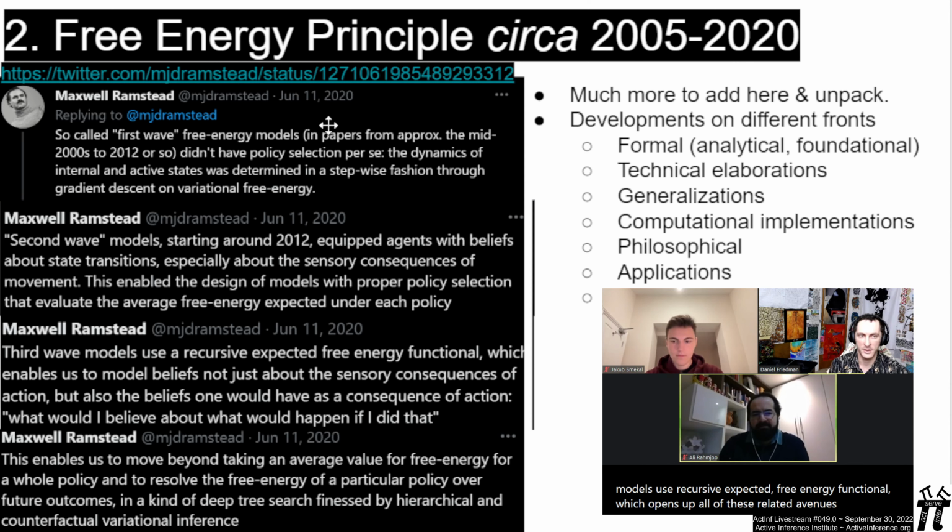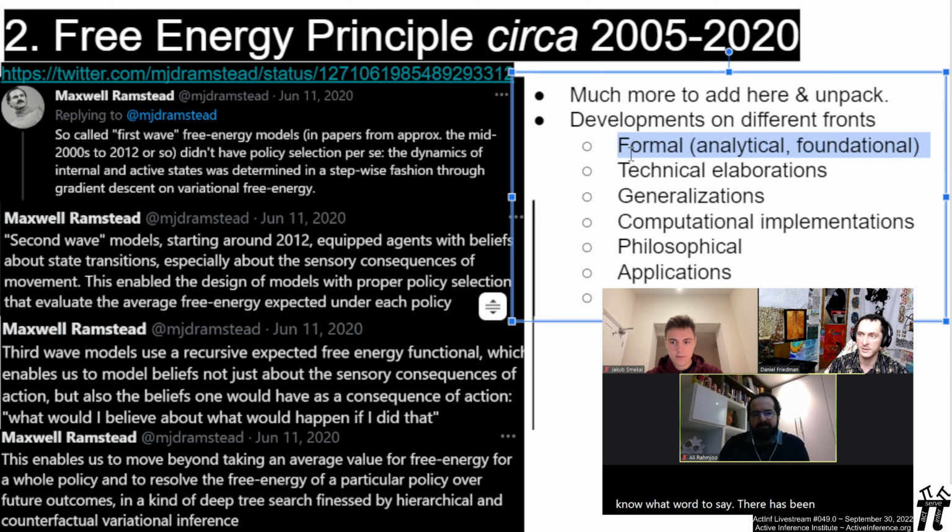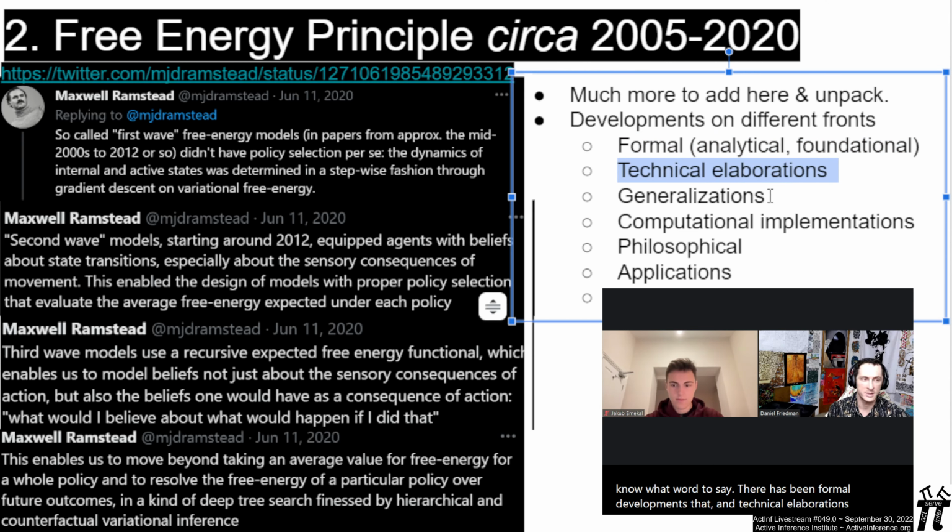So Maxwell's thread here summarizes some of the waves of development, and there's so much more to add and unpack because there's been developments on multiple different fronts, or I wouldn't even know what word to say. There has been formal developments and technical elaborations, as well as generalizations, and also, of course, a huge area of philosophical discussion around these topics.